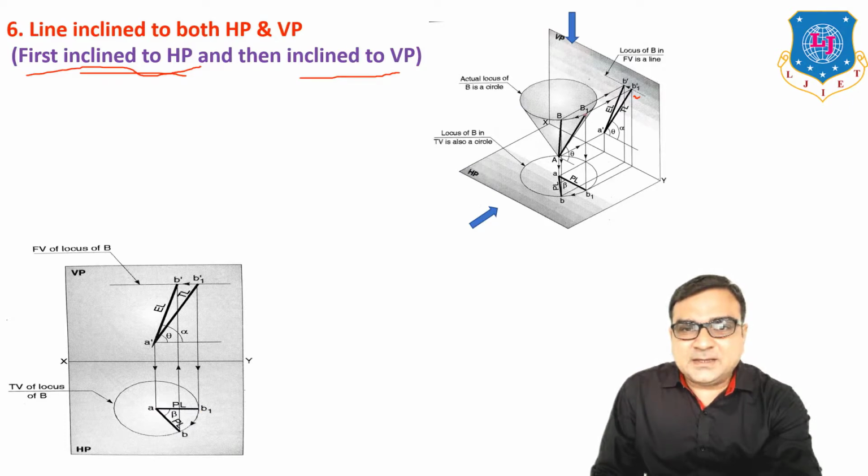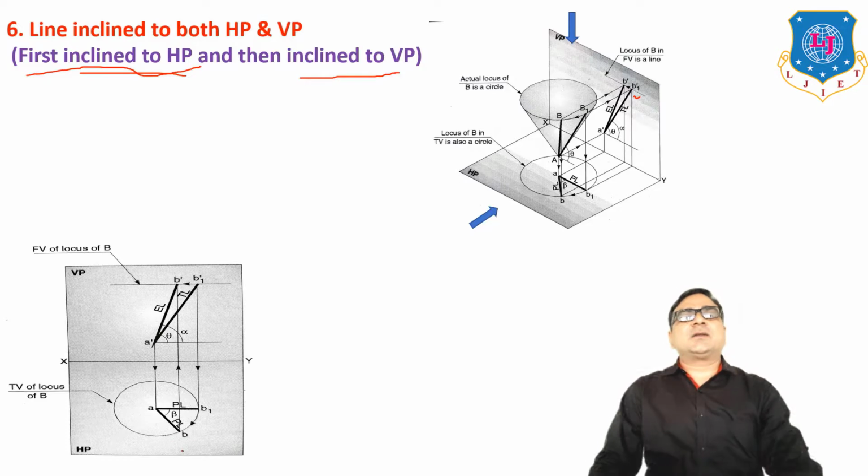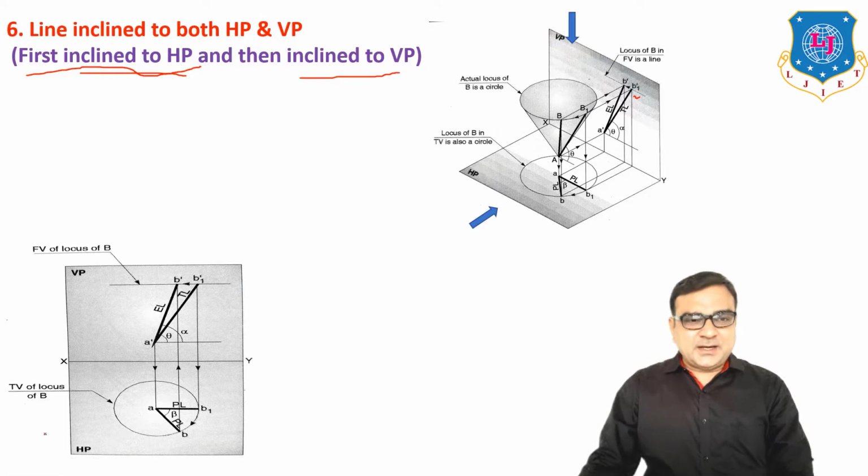Now if we incline this line with the vertical plane, the front view becomes A dash B dash and the top view AB. So your final A dash B dash and small AB are the projections of the line when the line is inclined to both reference planes. In these projections, the length of AB1 is equal to the length of AB, but the length of A dash B1 dash is greater than the length of A dash B dash.